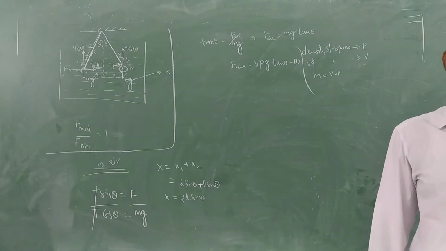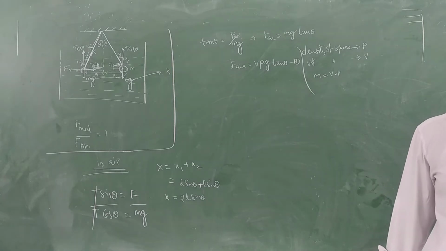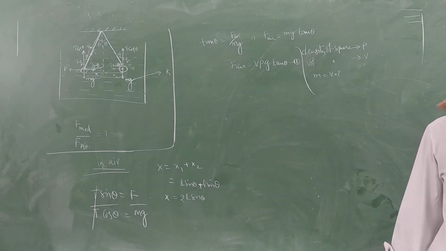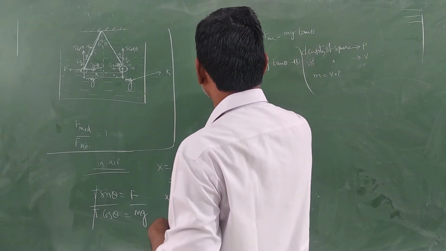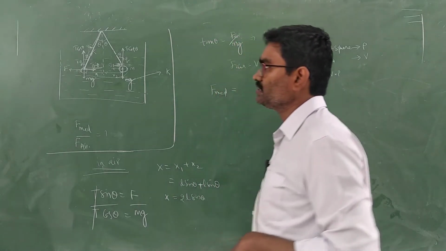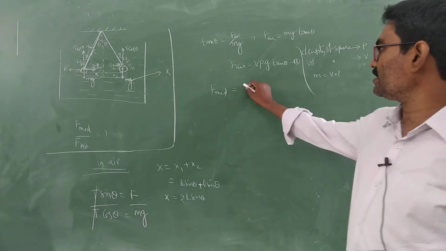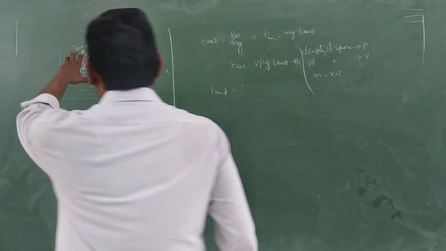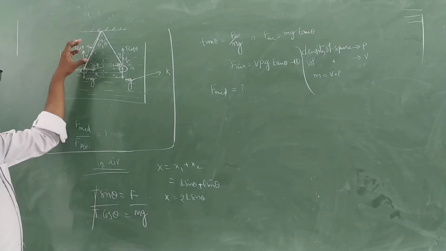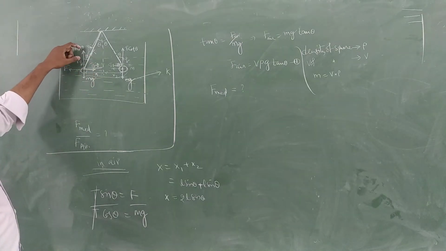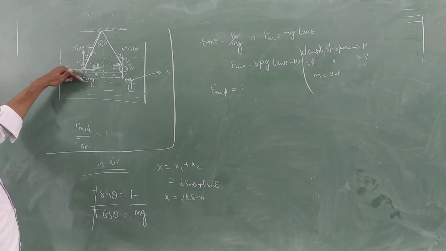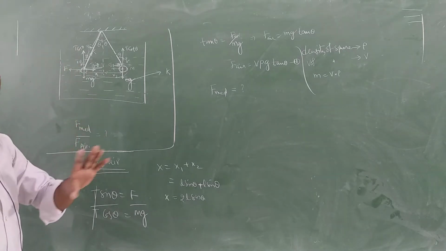Now I am going to calculate the force in medium, for the system in medium. See here. If it is suspended in a liquid, upward force is T cos theta and downward force is mg, that was in air, not in liquid.